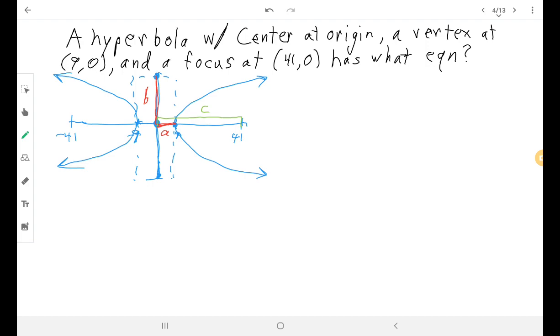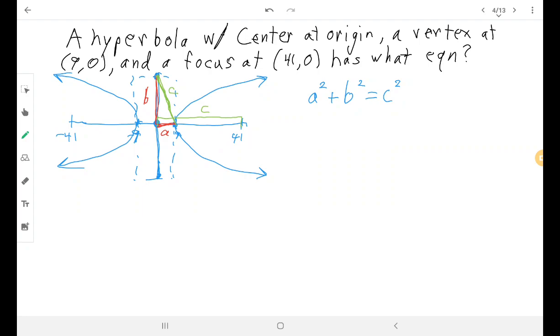And similar to ellipses, there is a Pythagorean theorem right triangle relationship between A, B, and C, and this time you can see that if I just draw a hypotenuse connecting the ends of the A distance and the B distance, I get a right triangle, and it is true that the distance of that hypotenuse is C. So from that, we can see that in hyperbolas, A squared plus B squared equals C squared.